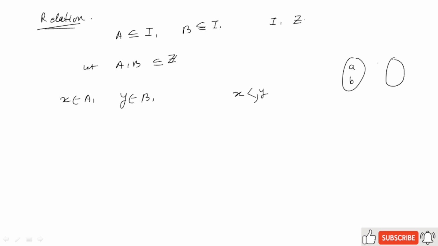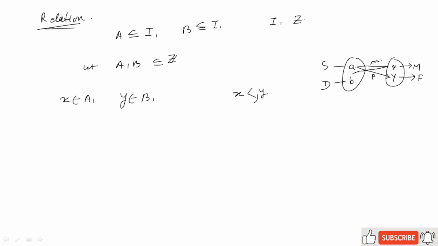Then suppose X and Y are their parents, where X is mother and Y is father. Then A is related to X and A is also related to Y. Let us suppose A is son and B is daughter. So A is related to X with the relation mother, and A is related to Y with the relation father, and similarly X and Y are related to A as a son.